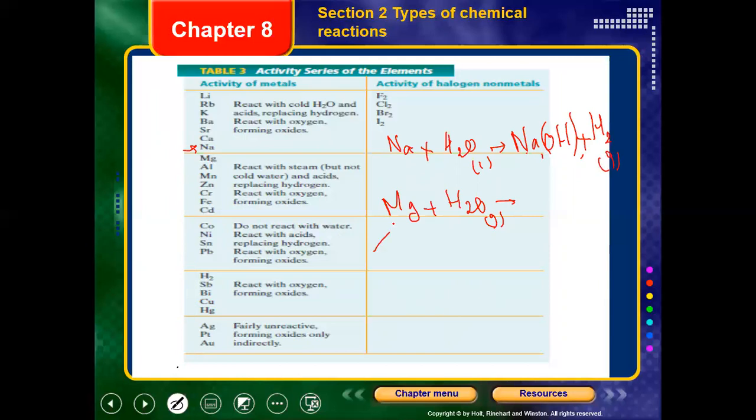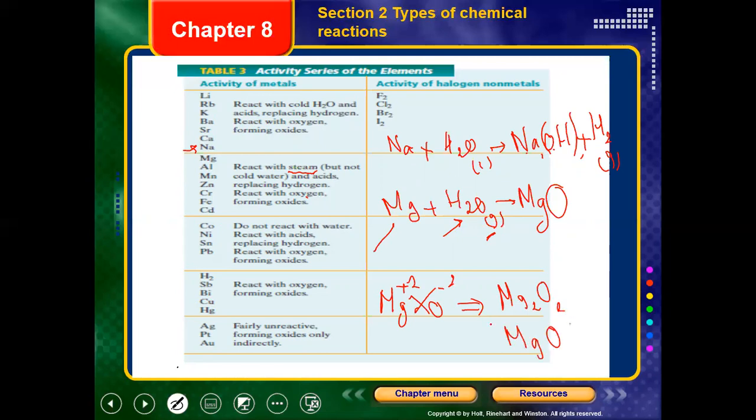A metal from series number 2, when it reacts with water in gas state, mentioned as steam, gives the products metal oxide, not metal hydroxide, so it's MgO. Why MgO? Mg is +2, O is -2, switch the charges, Mg2O2, then simplify, it's MgO.